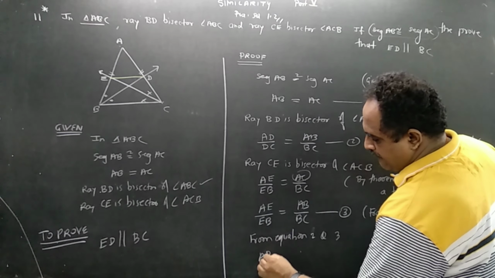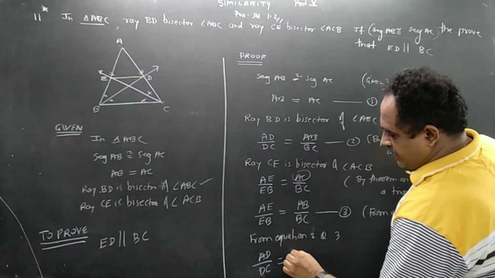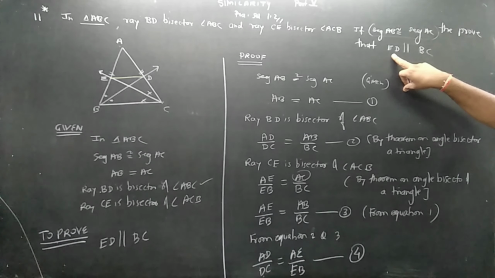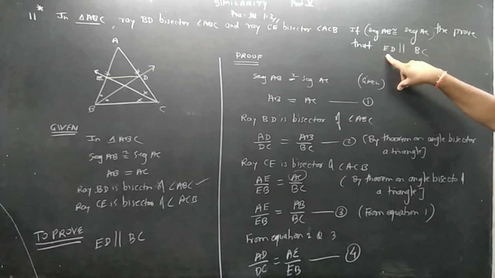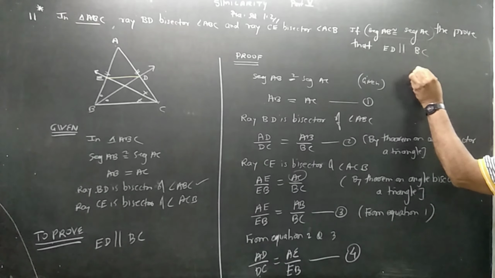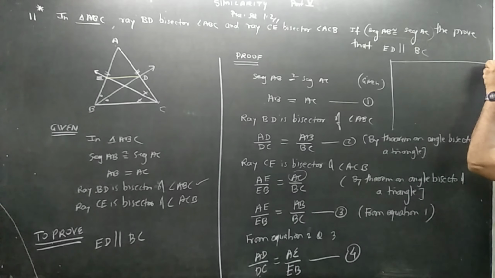AD upon DC is equal to AE upon EB. This will be equation number 4. But what they have asked you is ED. Okay, got it? Now we will complete this in this part.